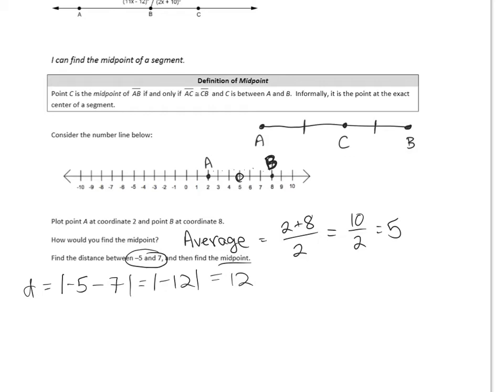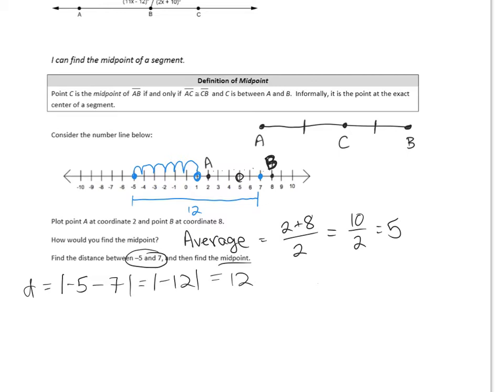So I'm going to change colors for this problem. We have -5 and 7. Well, we know that from here to here is 12, which means if I go 6 across, I should be at halfway, right? 1, 2, 3, 4, 5, 6. I get 1. So this, in theory, is my midpoint right here.